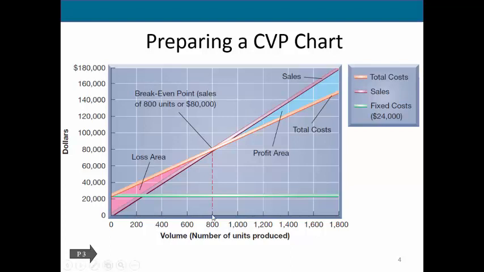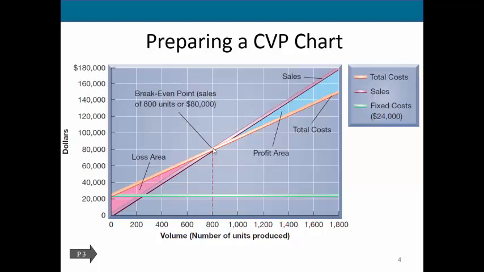So here if we sell 800 units, you can see $80,000 in our revenue. So we've already calculated the break-even point in sales dollars and in units. So when we plot all of these various lines here, the place where our total cost line and our revenue line intersect represents our break-even point, because remember, when we break even, we have a profit of 0. Or in other words, our revenue and our total costs are the same.